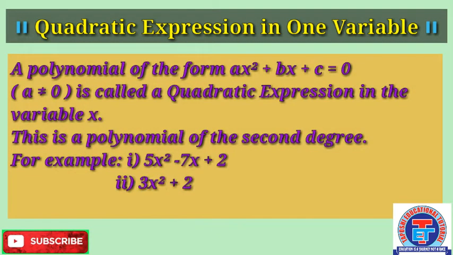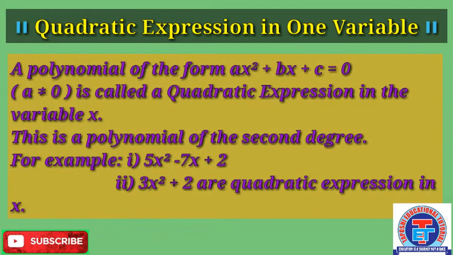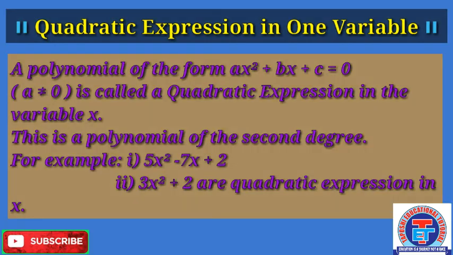This is a polynomial of the degree second or second degree. For example, here 5x square minus 7x plus 2 and 3x square plus 2 are quadratic expressions in x.